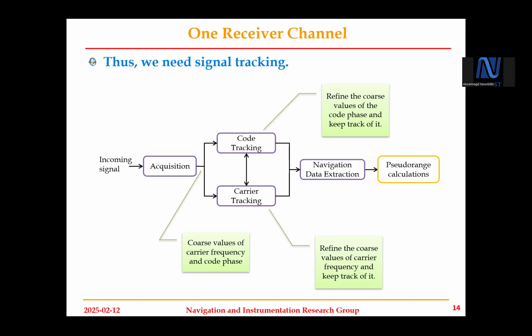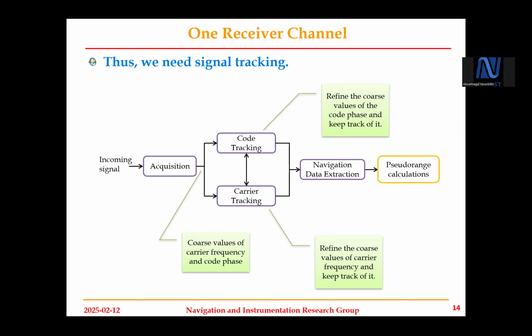The range between the satellite and the receiver, and the rate of change of that. So we need to keep track of those parameters. I cannot apply this acquisition step every time I get a set of samples from the received signal. That's a very intense and complex process. Avoiding that, we switch to signal tracking. We must track those changing parameters.